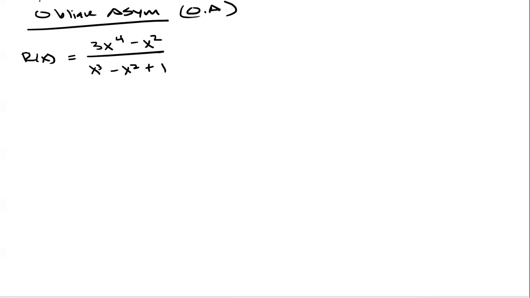Okay? So in this case, we'll have x cubed minus x squared plus 1, and then we have 3x to the fourth.